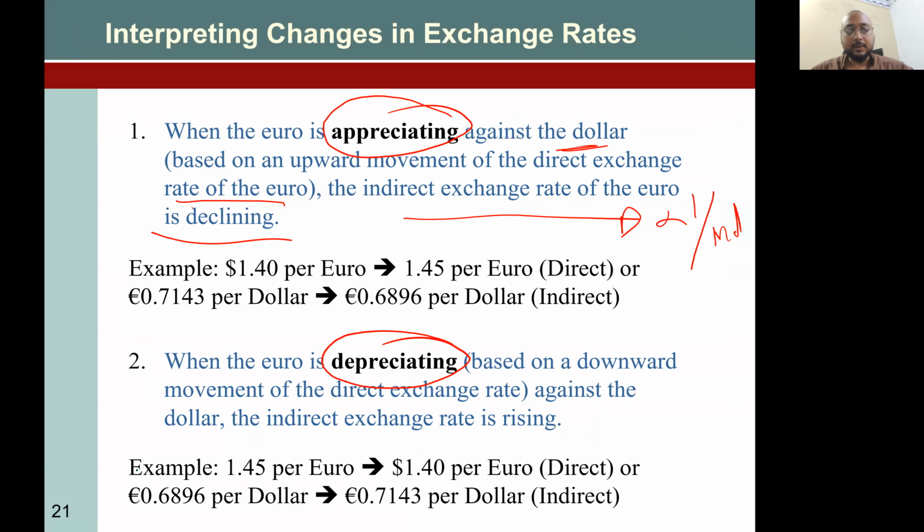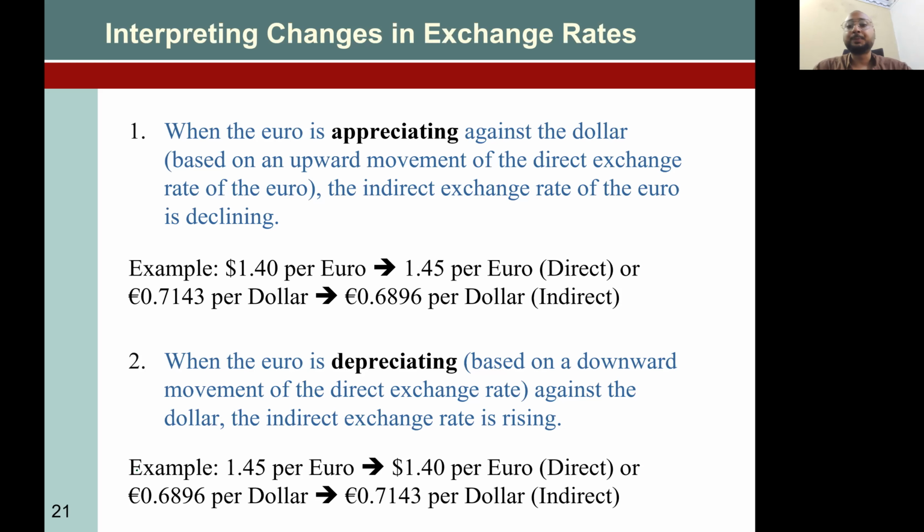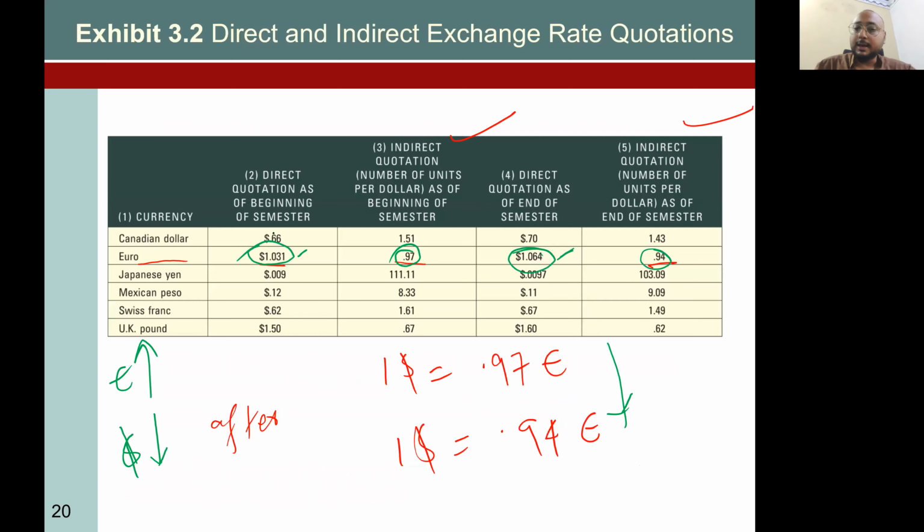So now let's reread this one more time. When the euro is appreciating against the dollar, the indirect exchange rate of the euro is declining. See, the indirect rate of the euro is declining. So previously, with $1 we could buy 0.97 euros, and now we can buy only 0.94 euros.